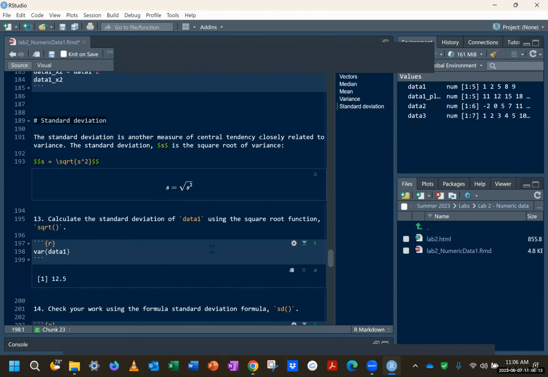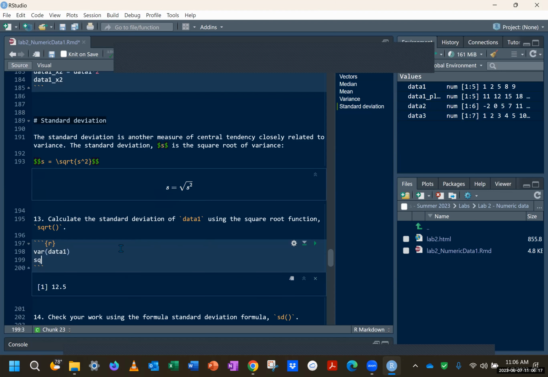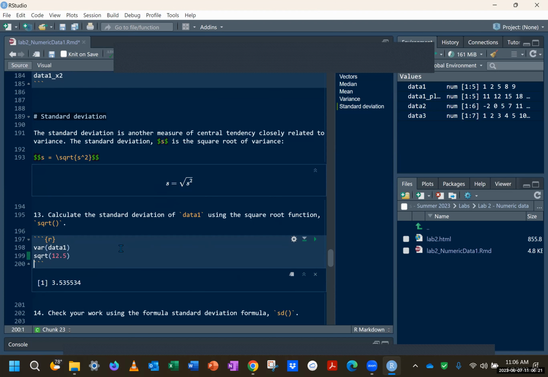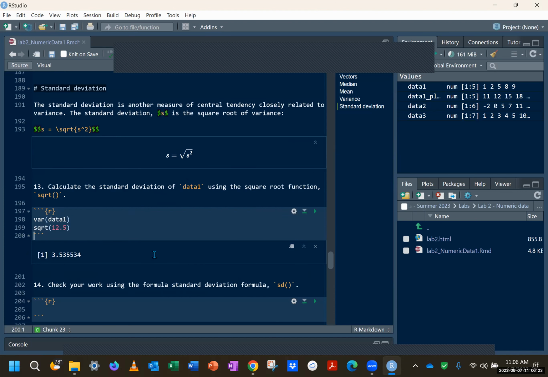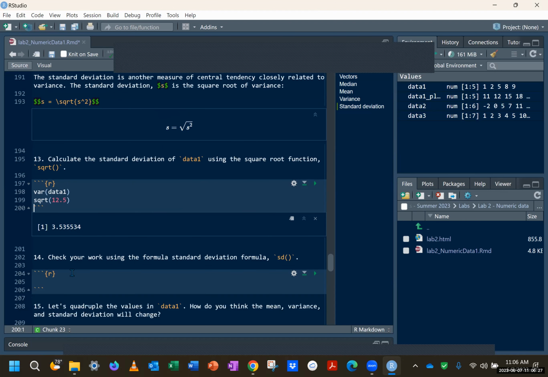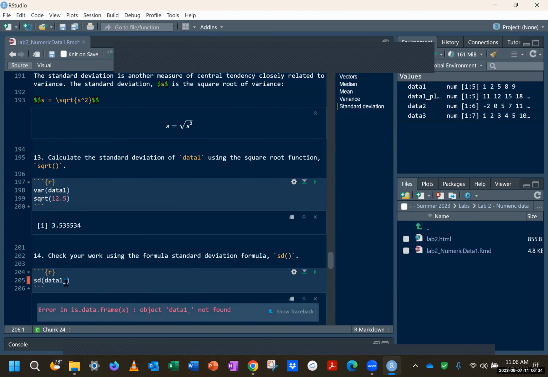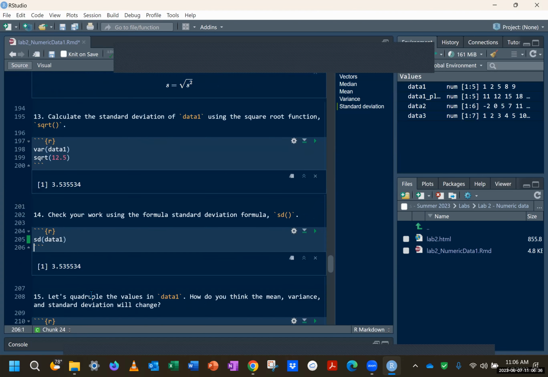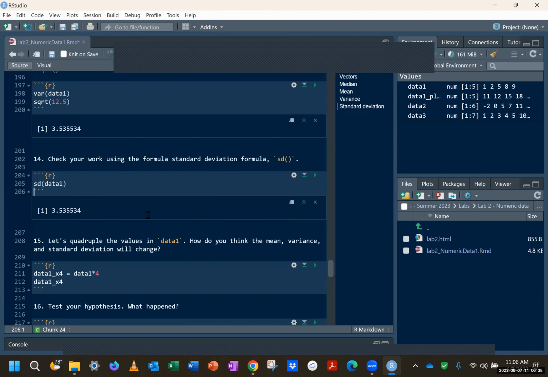It's 12.5. So now we are going to take the square root of that. We're going to say square root of 12.5. 3.95 something. Okay, so you could do it that way, or the fast way to do it is just say SD for standard deviation, data 1. Oops, error because I put an underscore there. There you go. So you can see it's the same thing.